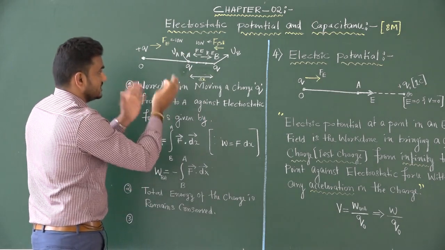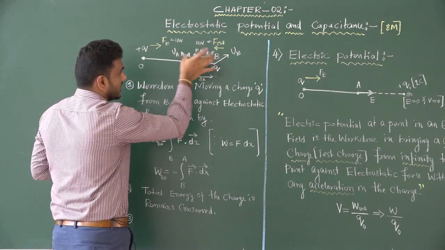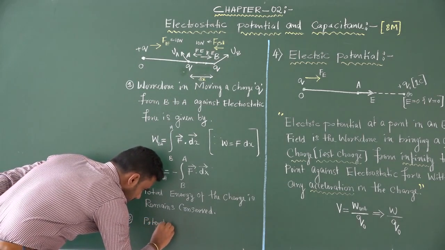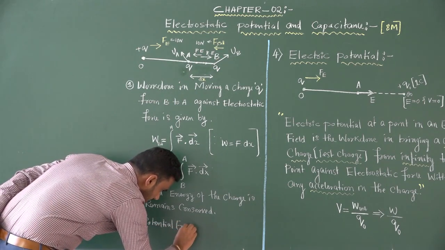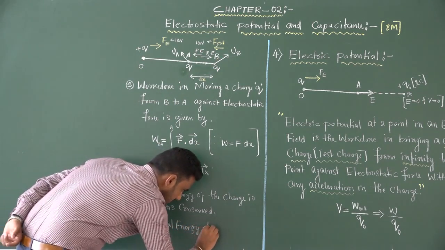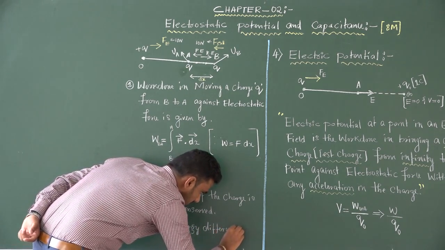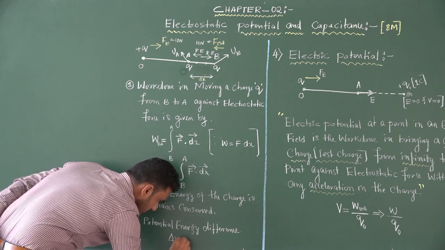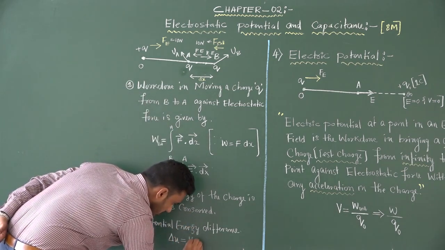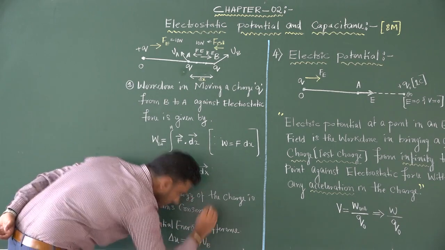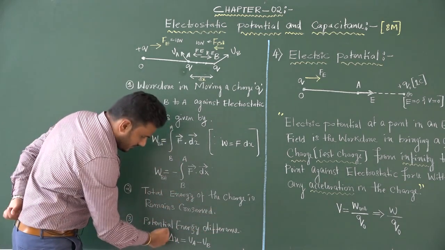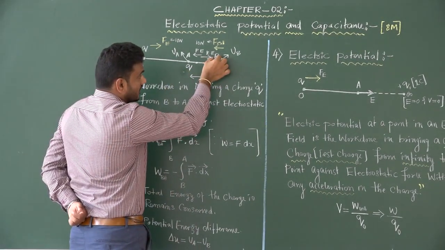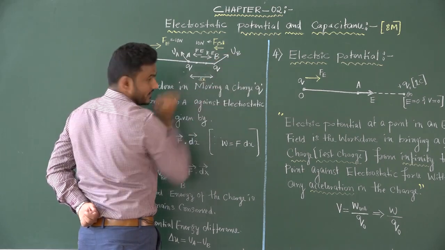So the potential energy difference between the two points A and B is given by delta U equals UA minus UB. When the charge Q is at point B, the potential energy is UB.